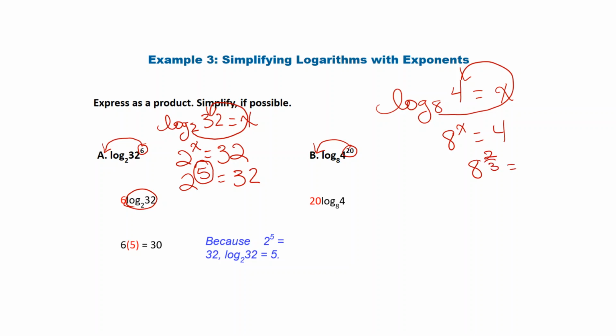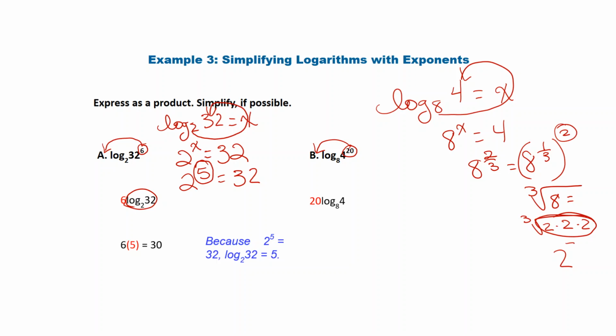Remember, 8 to the 2/3 is the same as 8 to the 1/3, all squared. Because you remember with our exponents, we can multiply those together to get 2 over 3. And 8 to the 1/3 is the cube root of 8, which equals 2, because 2 times 2 times 2 is 8, so I can pull out a 2.